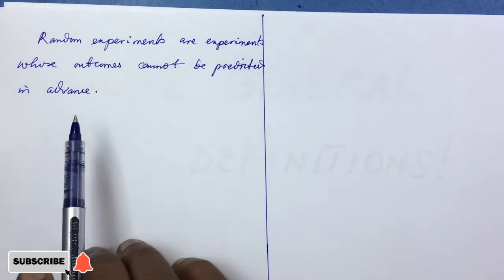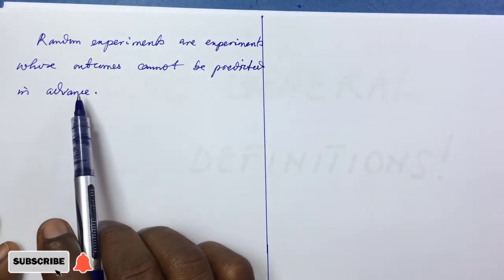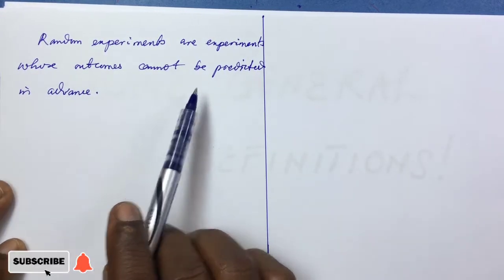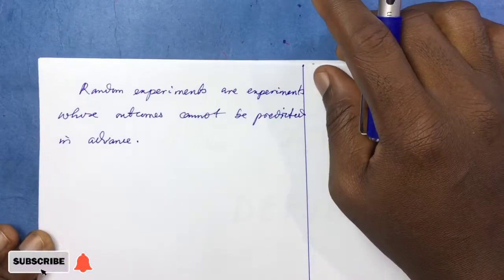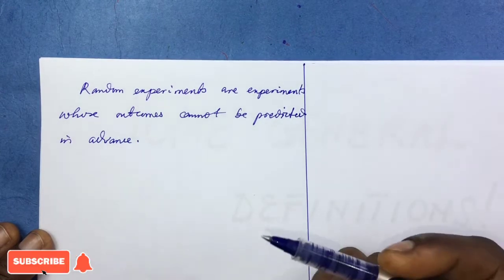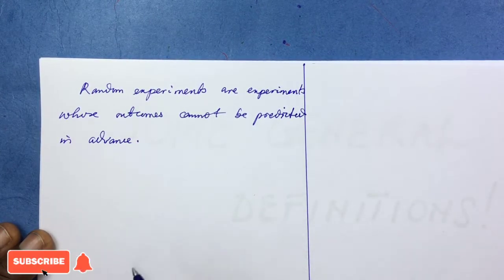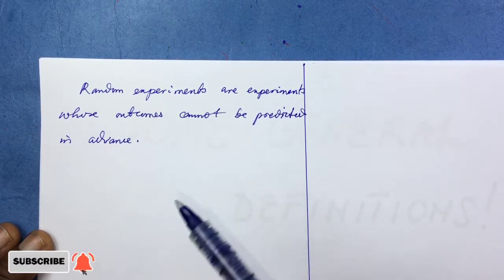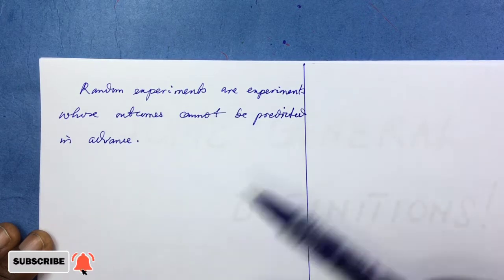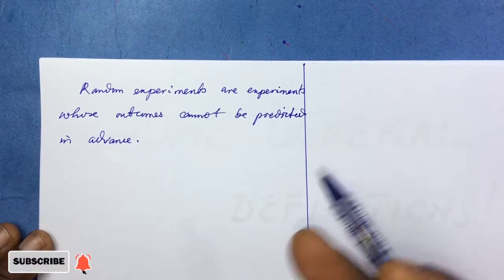Now, random experiments are experiments whose outcomes cannot be predicted in advance. So any experiment whose outcome you cannot predict in advance is called a random experiment. And this makes random experiments different from the experiments you perform in chemistry, some of the experiments you perform in physics, some of the experiments you perform in biology, or even in engineering or any other field of academics, okay?